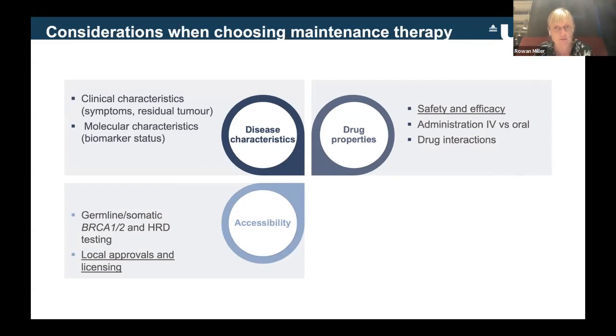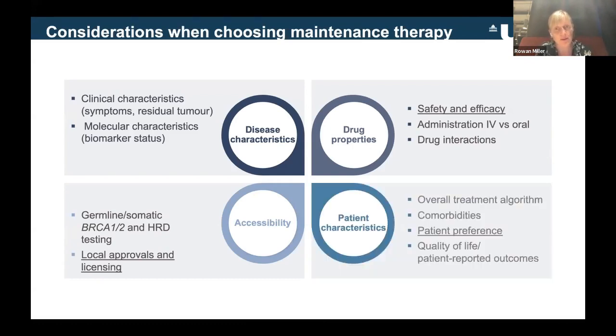Obviously, bevacizumab is IV, so that has implications in terms of service provision, chemotherapy chairs, but also a huge impact on patients having to come in every 3 weeks for IV therapy. And then we also have to think about drug-drug interactions. Olaparib is metabolized by the CYP family of enzymes, so there are a number of medications that should be avoided when using olaparib, whereas niraparib does have slightly fewer drug-drug interactions.